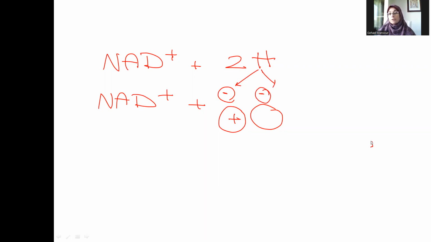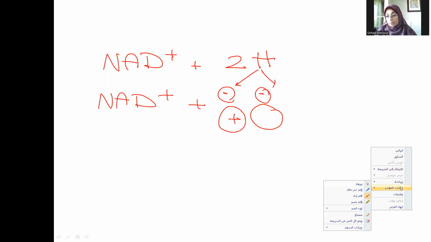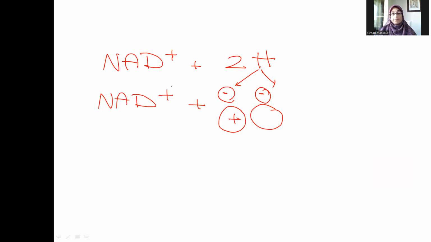One of these electrons will be used to reduce NAD. So this electron will reduce NAD. So NAD will be converted into a neutral molecule. But by doing what? By gaining an electron. So what will remain will be a hole, after having utilized that electron to neutralize the charge.